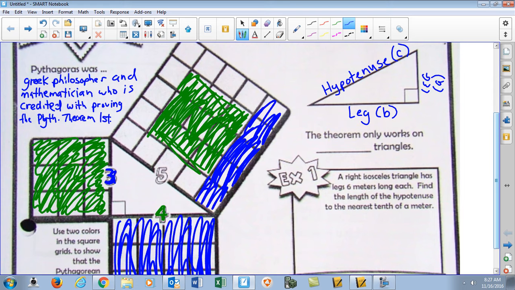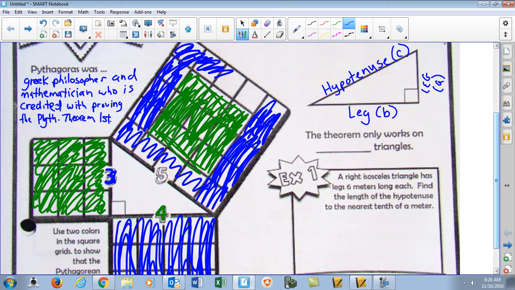So the green and the blue square make this multicolored square, which gives us an area of 25, because 3 squared is 9, 4 squared is 16, 9 and 16 is 25, which happens to be what 5 squared is. And that's how this works. So you can see how this square and this square combine to make the hypotenuse. Nice little colorful visual.